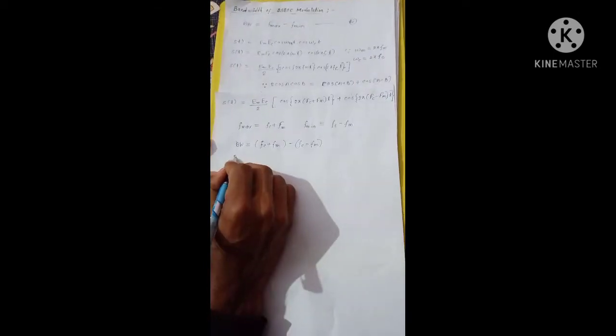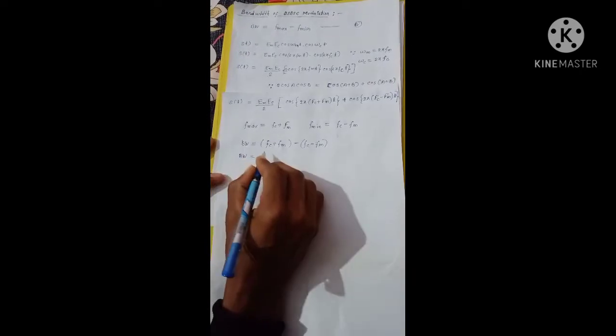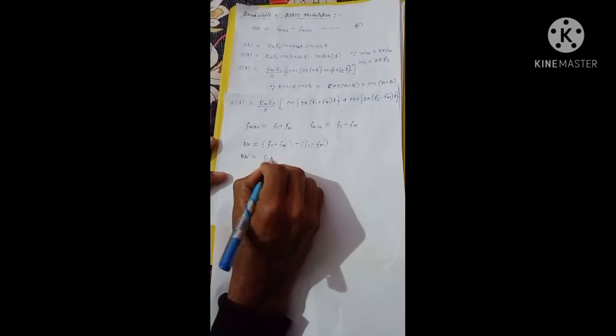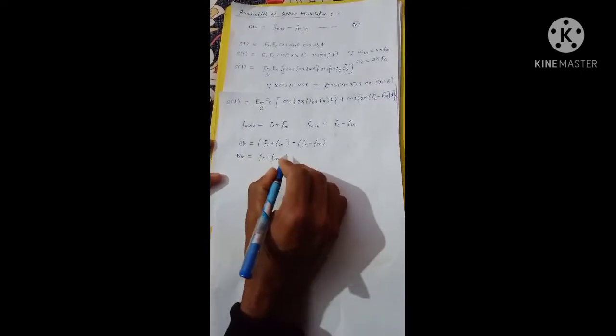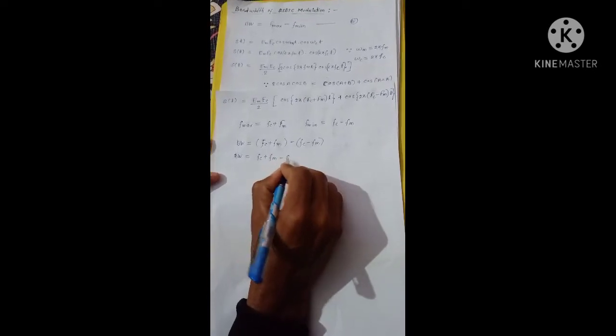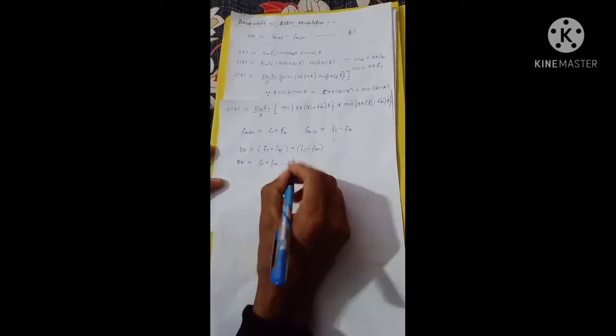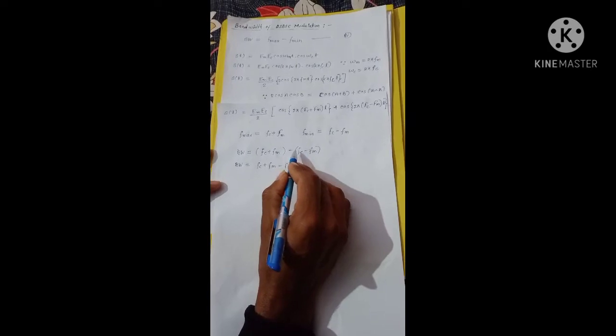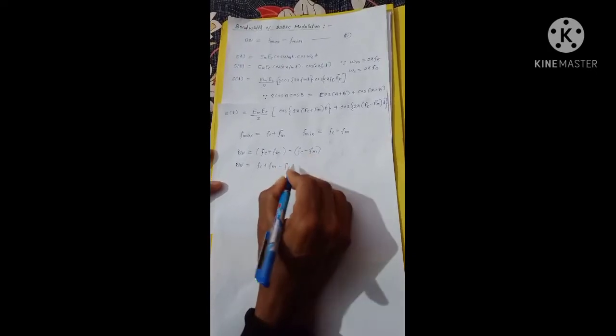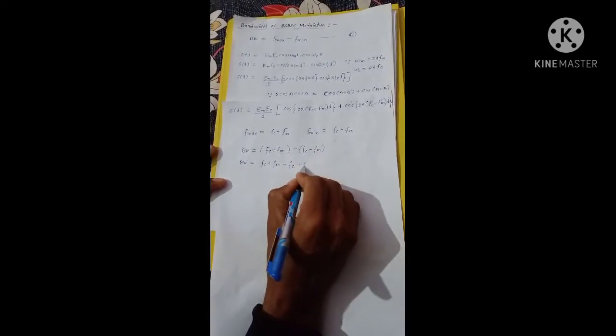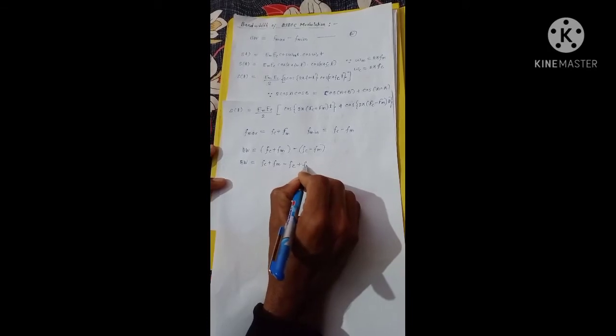So bandwidth BW is equal to fc plus fm minus fc, this minus sign multiplied by this minus sign will be plus sign, so plus fm.